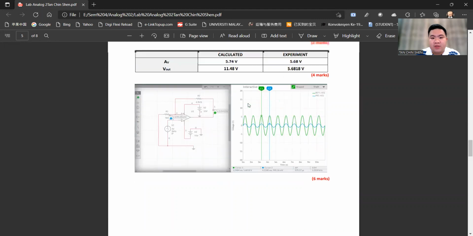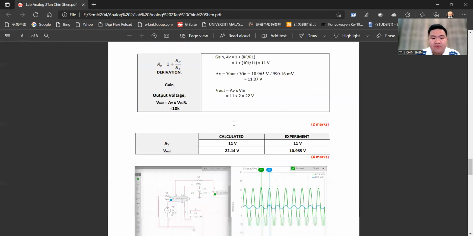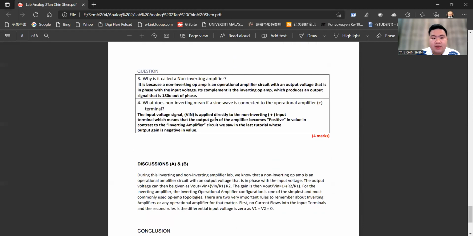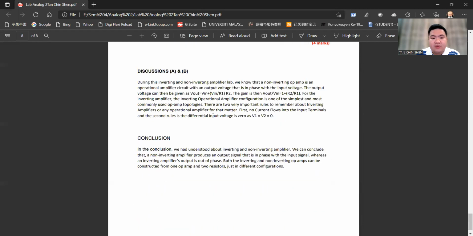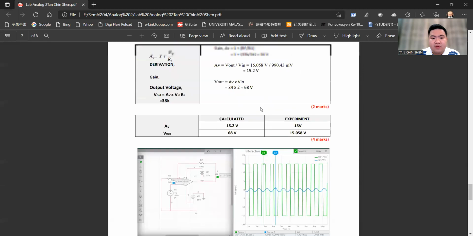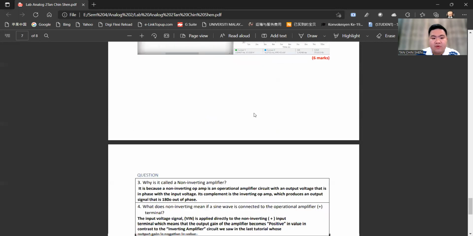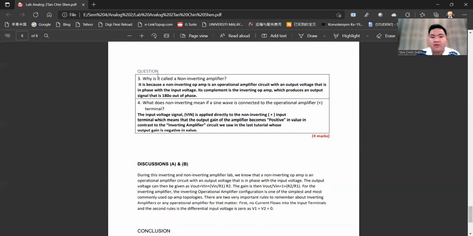For the non-inverting operational amplifier, I will present my question first. Why is it called a non-inverting amplifier?